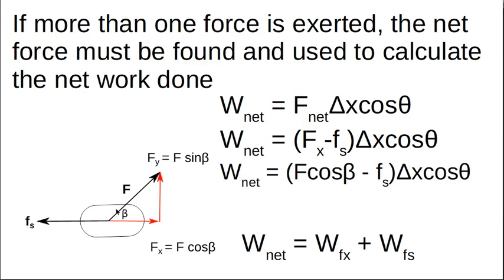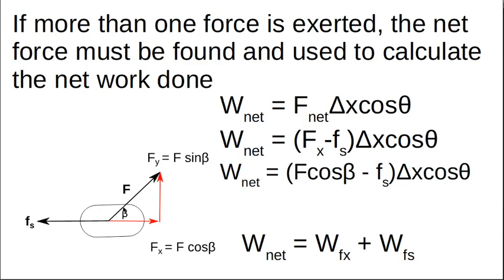And there's this force that way. Here are the components of this force here. So the net work will be the net force times the displacement times the cos of the angle, okay? And so the net force is going to be Fx minus Fs because they're in different directions. This question is assuming to the right is positive.